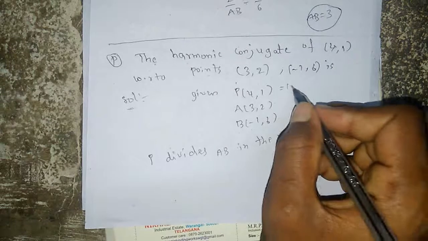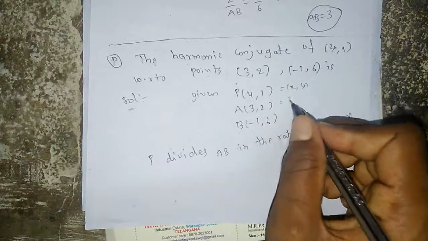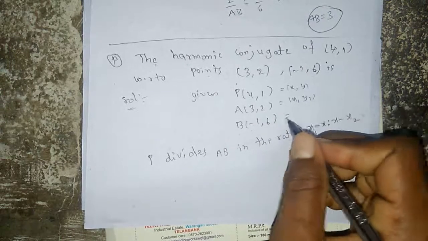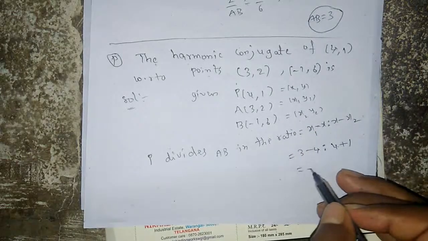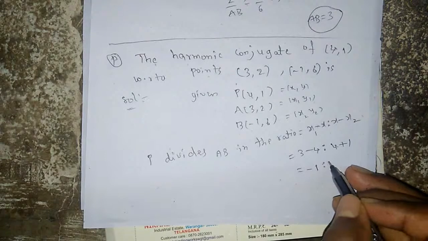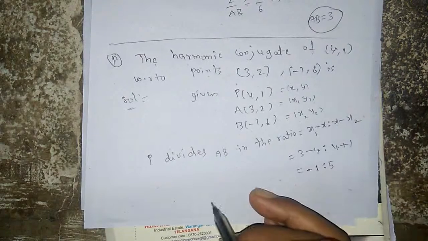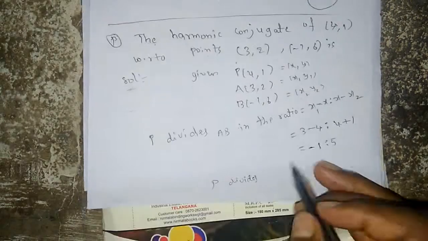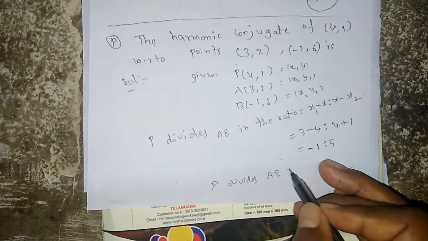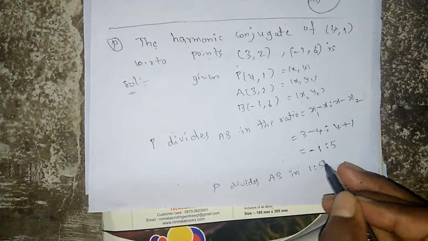This is x comma y, this is x1 comma y1, this is x2 comma y2. That is equal to minus 1 is to 5. Here the ratio is negative, which implies P divides AB in 1 is to 5 externally.